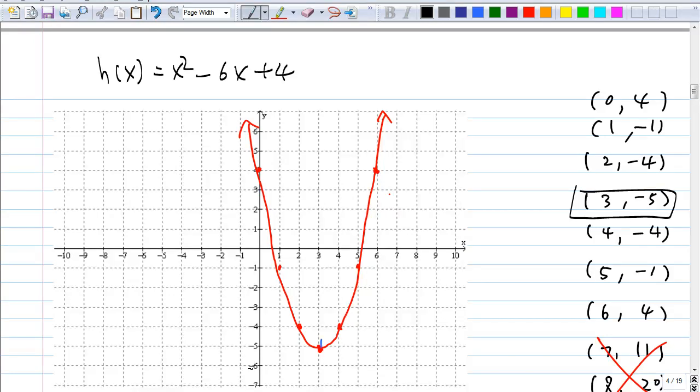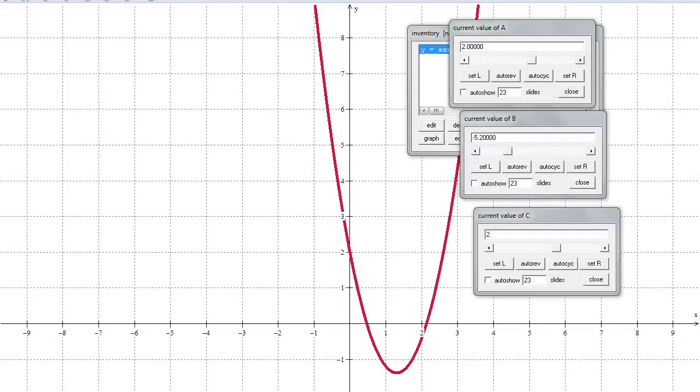But there's a trick on this. Actually, this one's kind of interesting because, what if anybody sees what might be the problem if I asked you this on the homework, right? If you just blindly plug in 0, 1, 2, 3, 4, 5, 6, it's not going to give you this sort of nice point. In other words, imagine if the parabola was on the right side of this y-axis, it's nice.